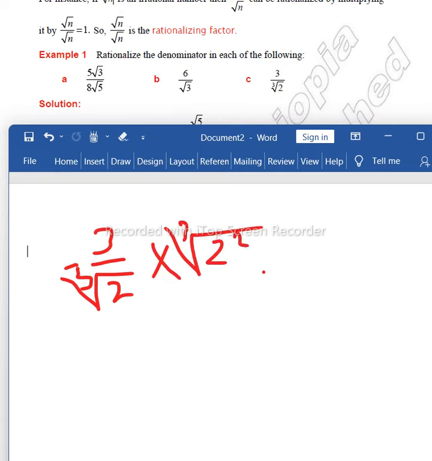We have to make it like this, because to rationalize this we have to make this a perfect cube root. For that matter, we have to change the radical number. So here we have 3 over cube root of 2 to the power of 2.